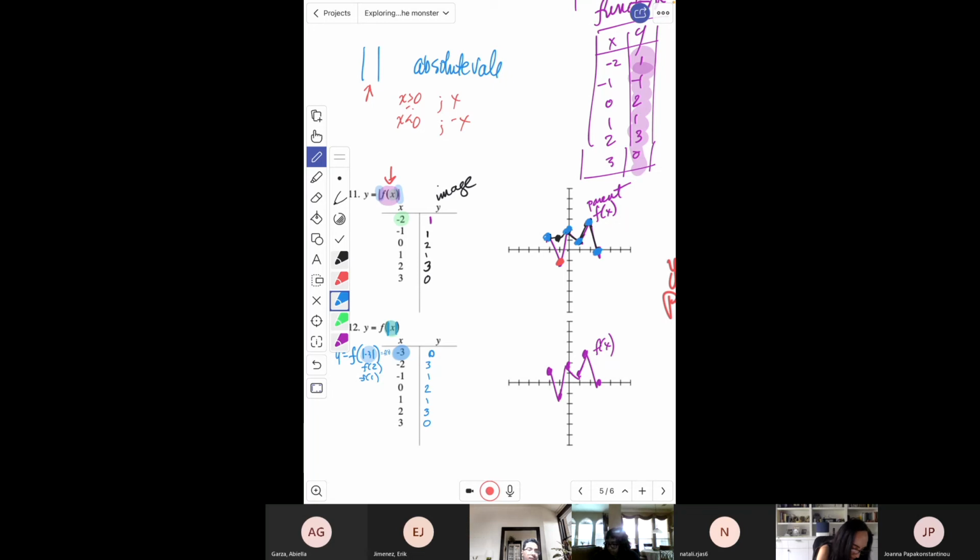So if I were to plot these, -3, 0, -2, 3, -1, 1, 0, 2, 1, 1, and then 2, 3, 3, 0. So what is happening here? Can you describe what is happening here?